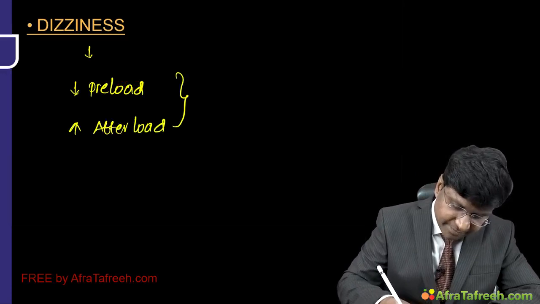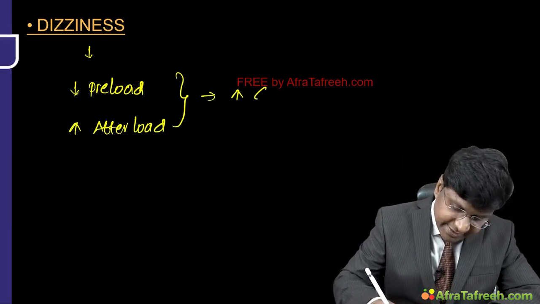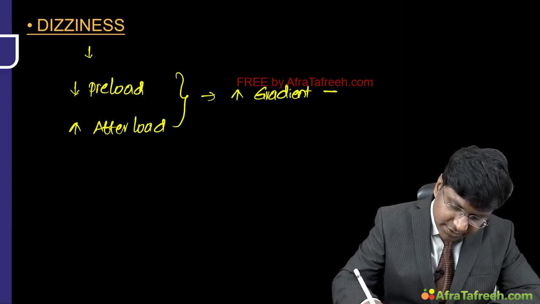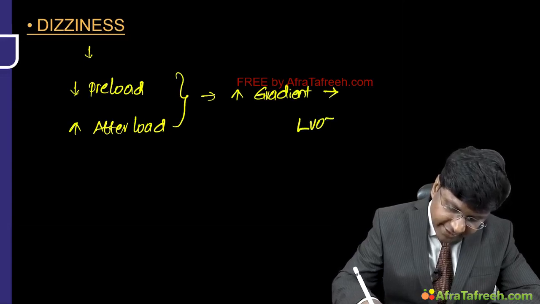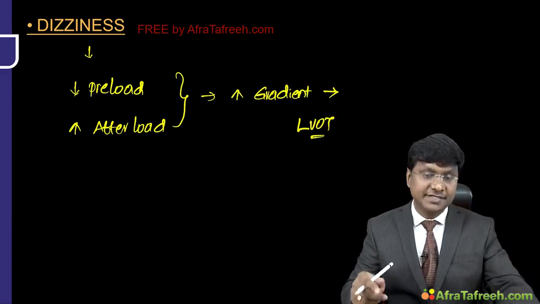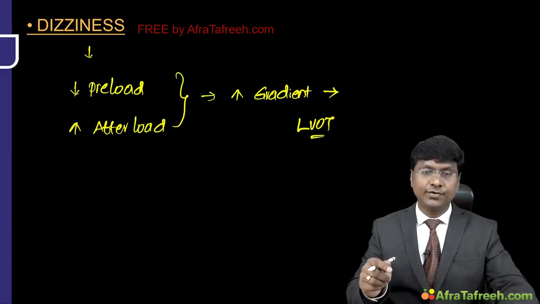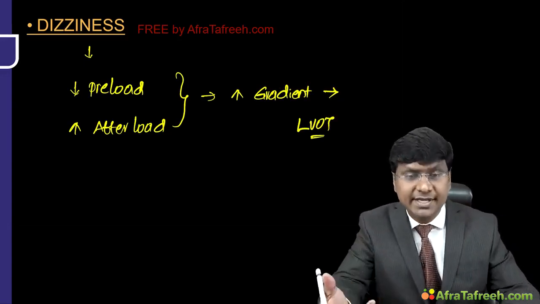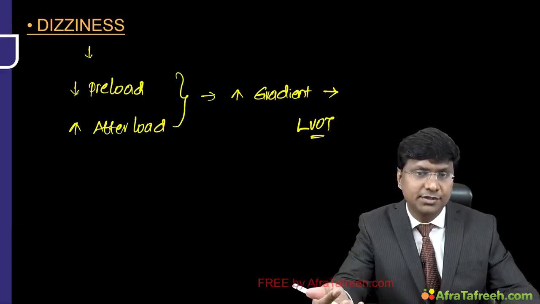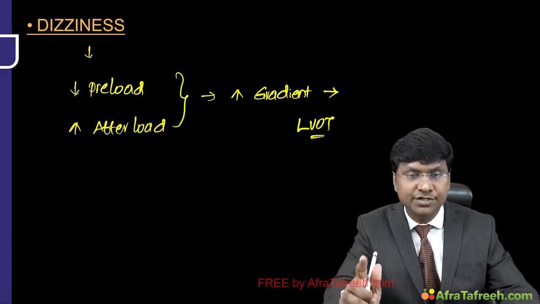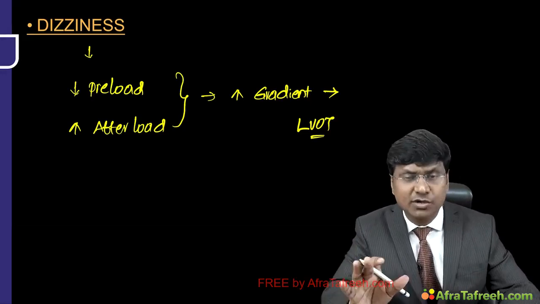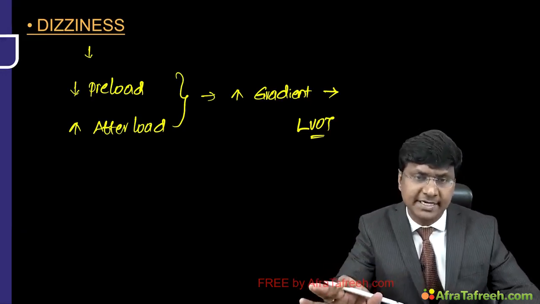Both of them will increase the gradient across the left ventricular outflow tract. And this increased gradient will cause decreased cardiac output, and thereby cerebral perfusion can be reduced, causing dizziness. It is almost similar to that of your pre-syncopal attack.